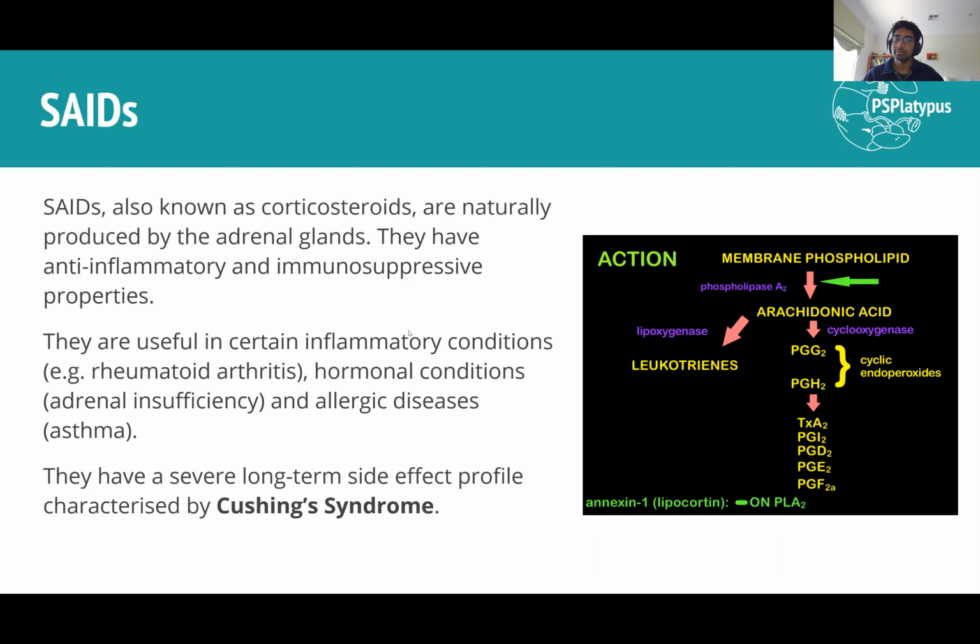So they do have a severe long-term side effect profile. If you use these a lot for a long time, you will have problems, which is why we went to the trouble of developing NSAIDs. So there's sort of a response to these being pretty bad. Again, you'll see here the overall pathway is exactly the same: membrane phospholipid to arachidonic acid to leukotrienes and prostaglandins.